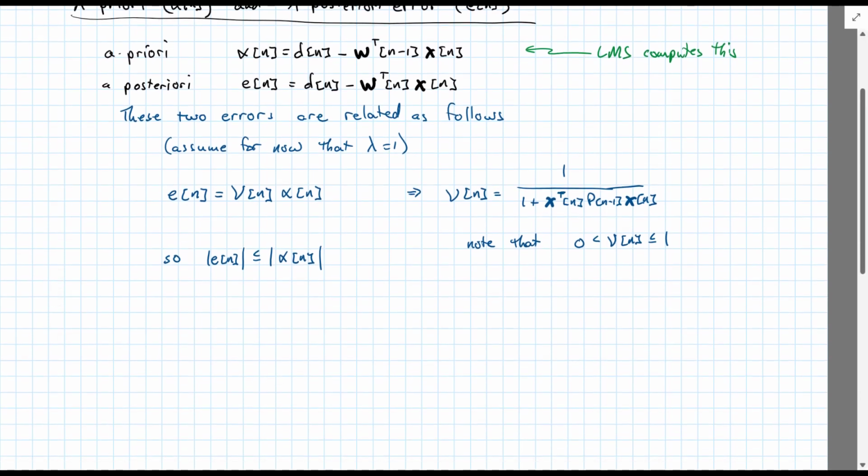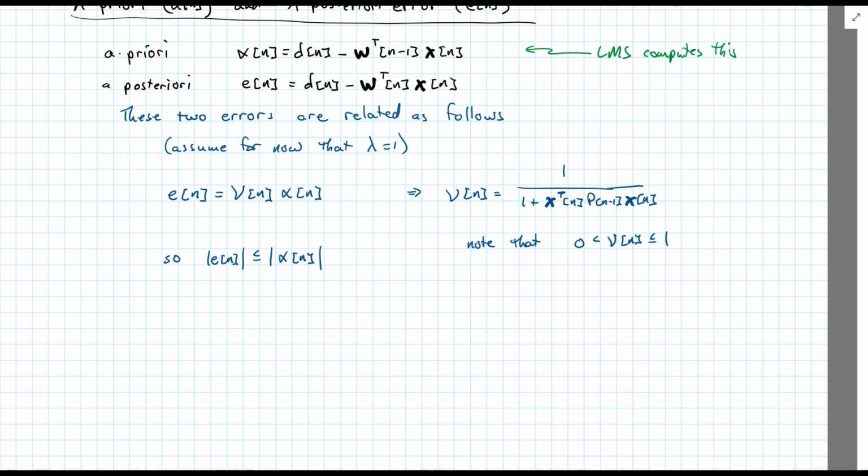Now we did put a few details under the rug there. The first is, what about lambda? Do we always want lambda to be 1? Well, it turns out that we're going to want lambda to be close to 1, but it's rare that we would want it to be exactly 1. And the problem is, if it's less than 1, that would show up right here. And if it shows up right there, then we have some quantity that's less than 1 plus a positive quantity. We would have to guarantee that that positive quantity is large enough that the denominator is greater than 1. Otherwise, this isn't going to hold.